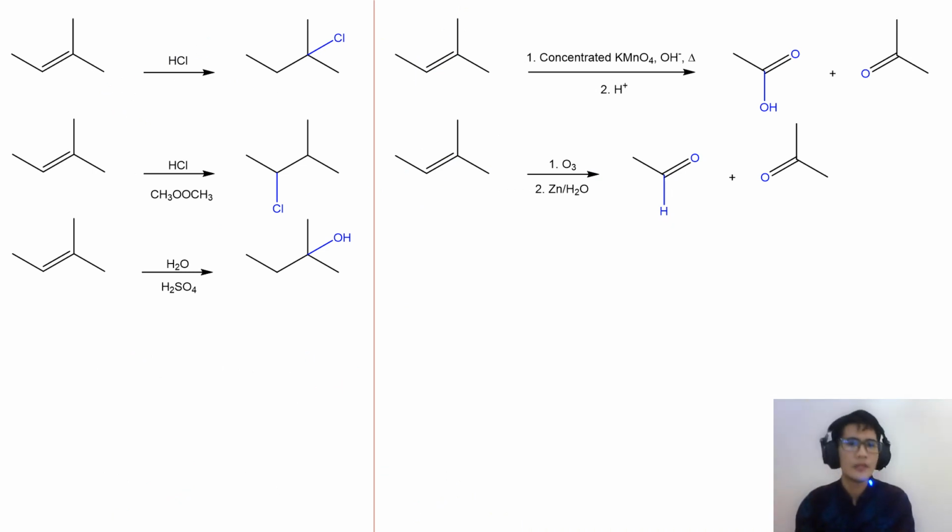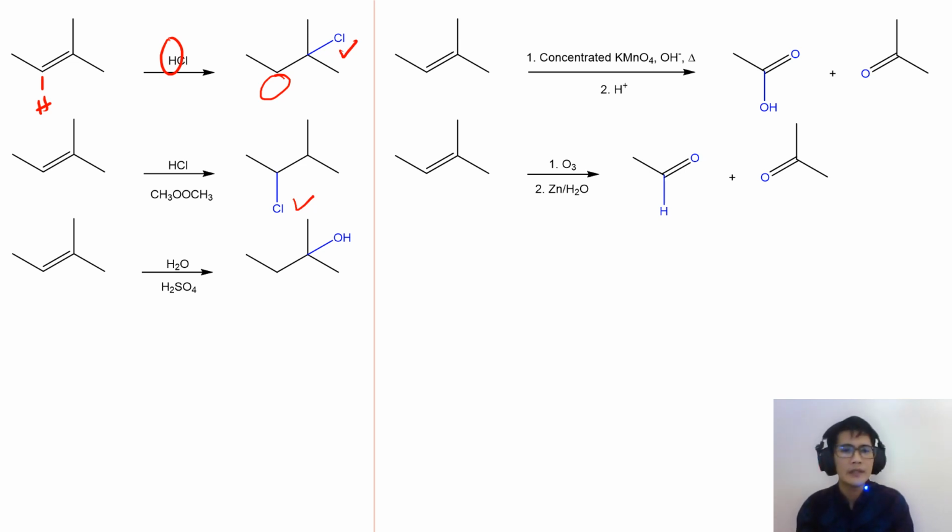Okay, as we discussed earlier, according to Markovnikov, H will be added here, so we do not show the H over here. Alright, so we just show the insertion of the Cl at the tertiary carbon. Alright, anti-Markovnikov, so the Cl is added to the secondary carbon.